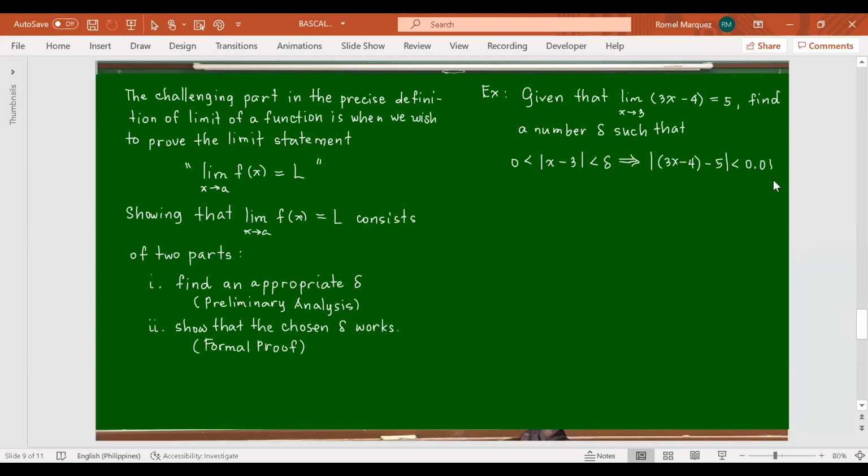Actually, this number 0.01 is the error tolerance, no? We call that error tolerance. And that error tolerance, you can have it less than that if you want. You can start with 0.1 if you want, and then 0.01, 0.001. As you assign an error tolerance, you can always find a delta such that this will become true, no? So, solution.